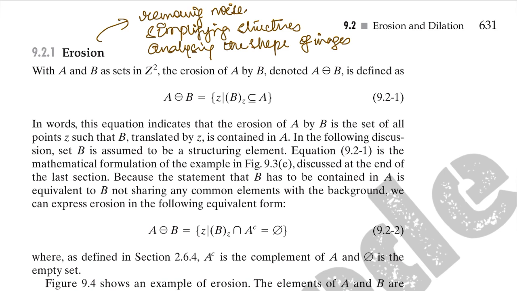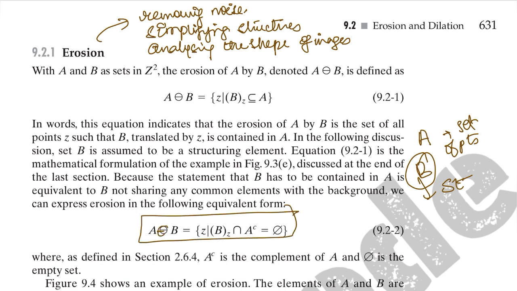How can you define it? For example, we have two terms A and B. A is a set of points of an object, and let us suppose B is a structuring element, which is a smaller set that interacts with A. Erosion of A by B is given by A ⊖ B equal to z such that B of z is contained in A. B of z is the structuring element B translated by z.